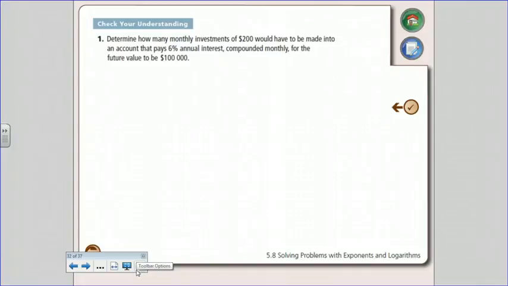Okay, go ahead. Write down the formula, substitute in the quantities. The variables are given to you on page 431.